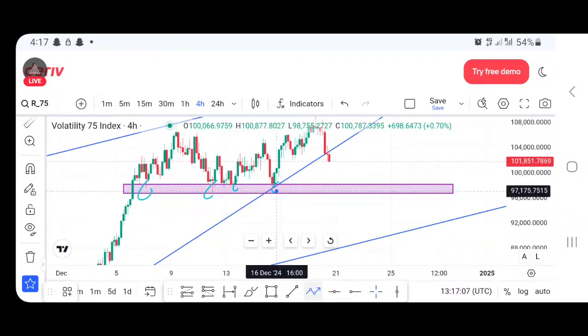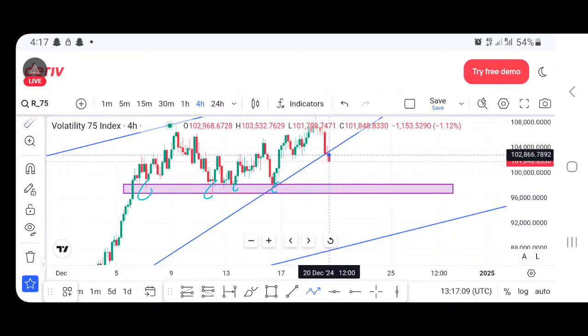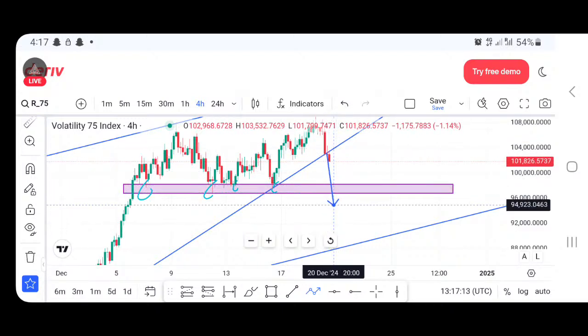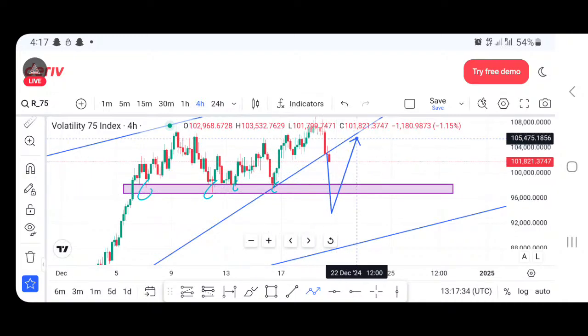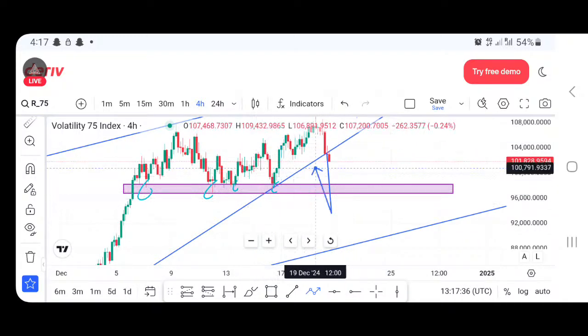If it has not bounced here, it breaks this area, comes back and makes a retest to this level. If it has not retested this level, it will pull back again inside to retest this level. If it has not retested this level, it will come deeper inside to retest this trend line.